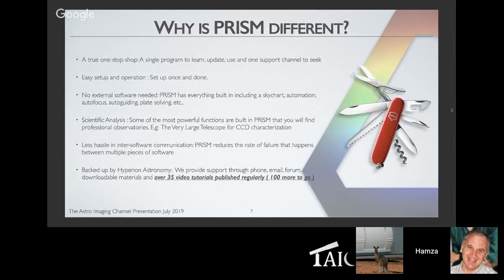So why is Prism different? It's a true one-stop shop, a single program to learn, update, use, and one support channel to seek. So when we say a true one-stop shop, it virtually does everything for you in any of your astronomical needs. It's easy to set up and operate. You can set it up once and be done.